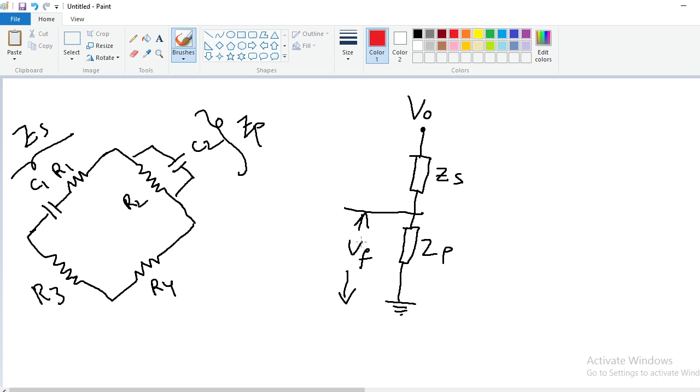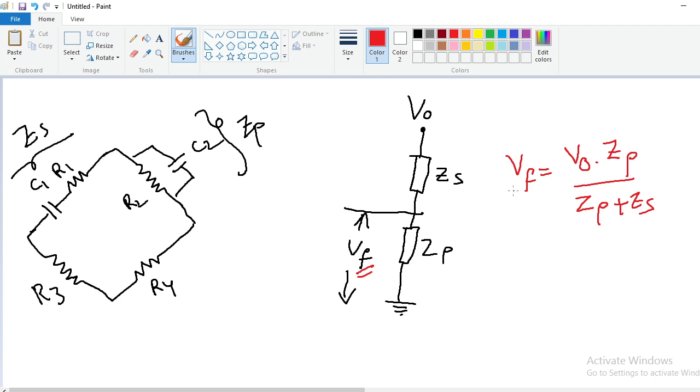According to the voltage division theorem, the voltage across ZP is equal to VF. So VF is equal to V0 into ZP divided by ZP plus ZS. The voltage across the parallel combination of R2 and C2 is nothing but the feedback voltage.